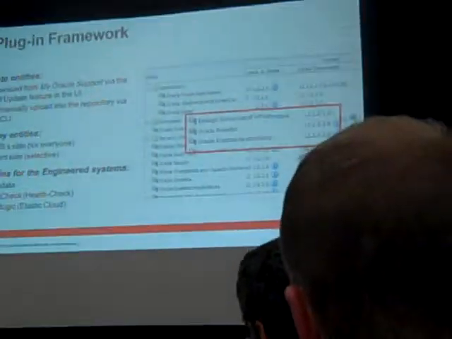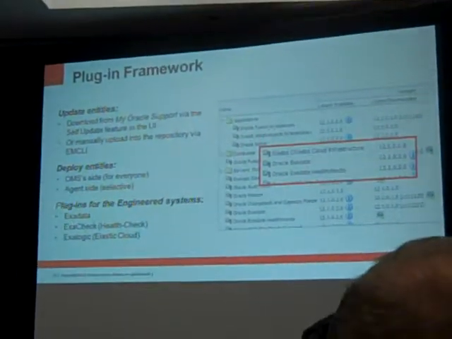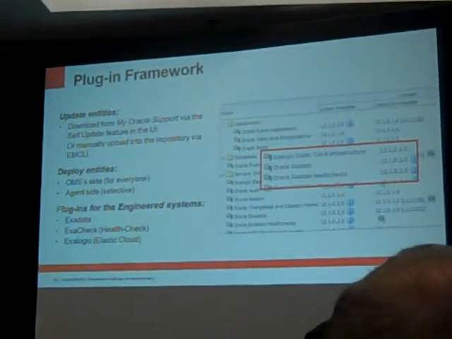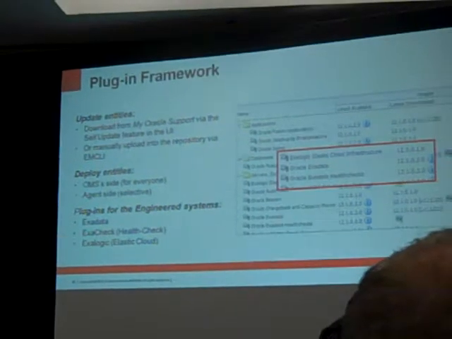Okay. How do we do that? For those who are running Enterprise Manager version 12, you've seen some of the changes that we have. The core change that we made in this version of the product was to go from a monolithic model to a plug-in based model. So in version 11 and previous versions of Enterprise Manager, when you installed EM, that was kind of it.